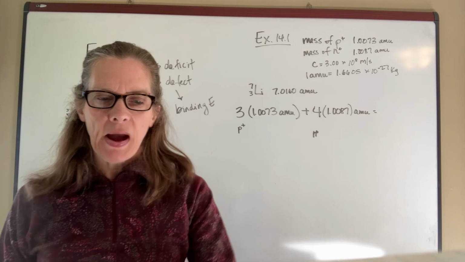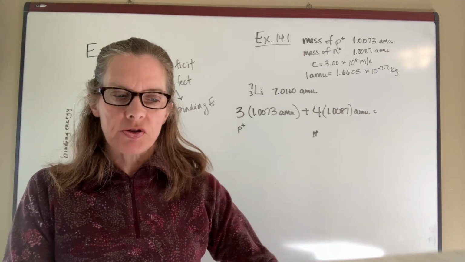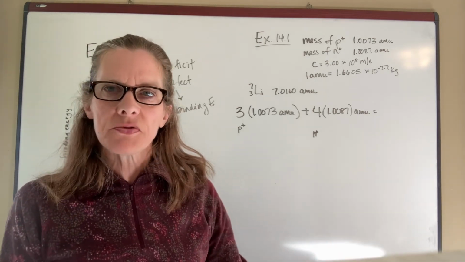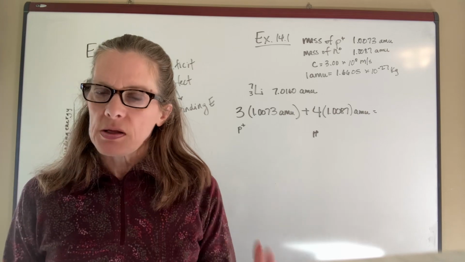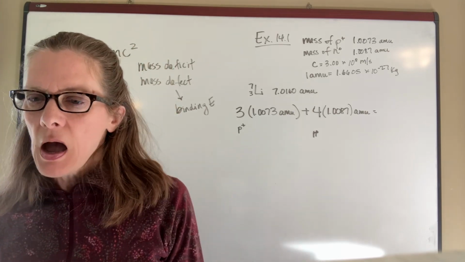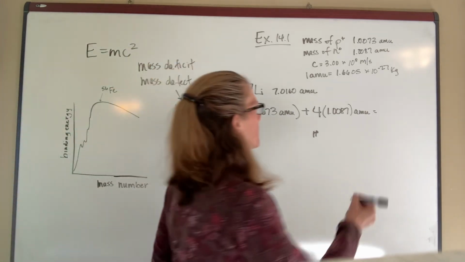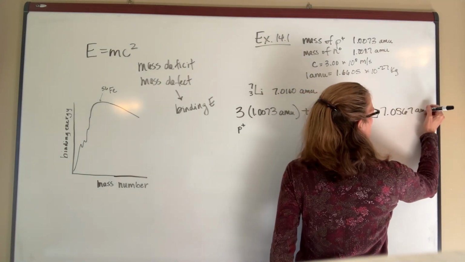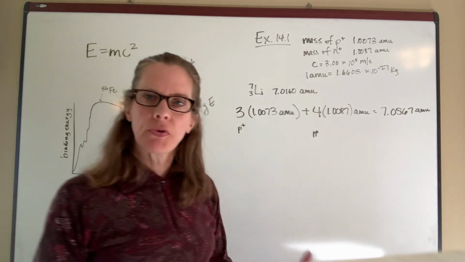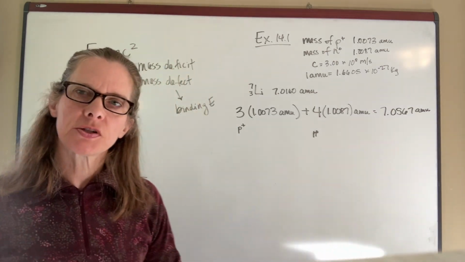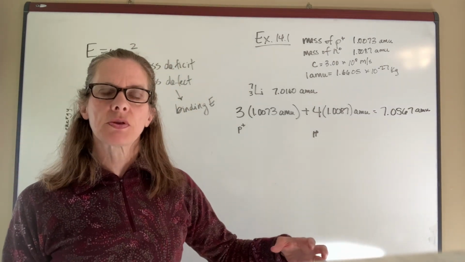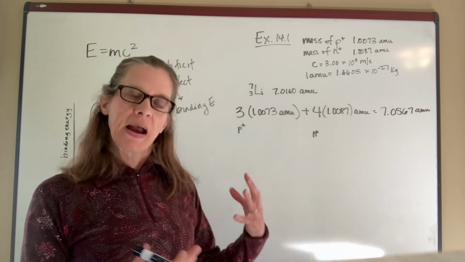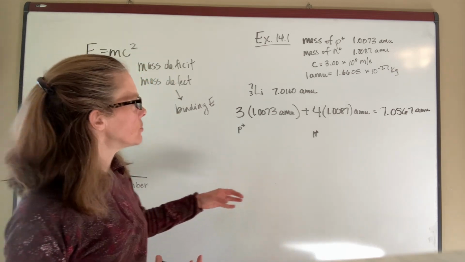Okay, so if I had all of the protons and the neutrons set out by themselves, and then I just weighed them, I should come up with 7.0567 AMUs. But as we've already talked about, each one of those protons and neutrons gives up a little bit of mass so that it will have the binding energy needed to hold together in the nucleus.